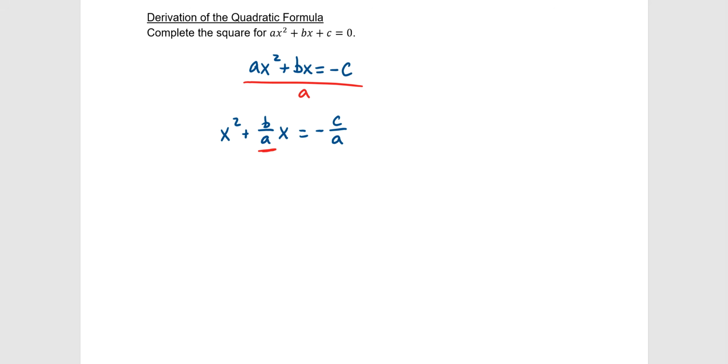So now for completing the square, we go to the x coefficient, just like we've been doing, and we're going to take that and divide it by 2, and we're going to square it. So b over a divided by 2 simplifies to b over 2a, squared. And while we're here, let's square the numerator, which is b squared, and the denominator, which is 4a squared.